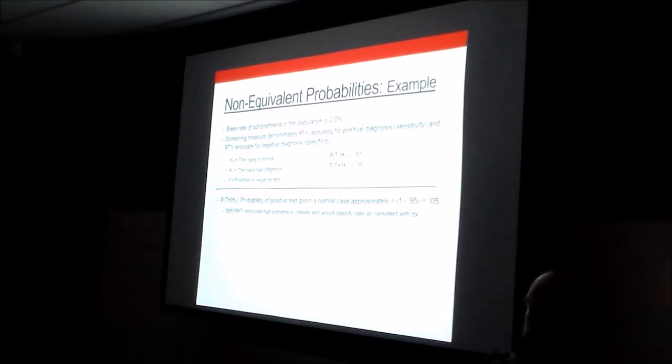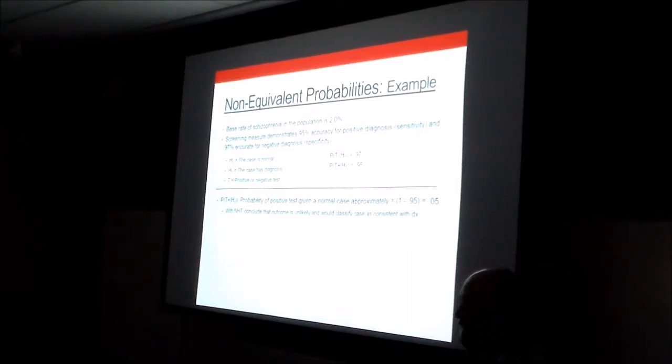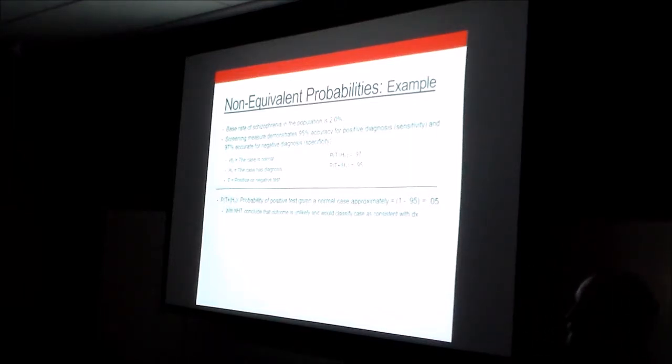We can get this by taking 0.95, subtracting it from 1, right, and getting that. With our null hypothesis test, we would conclude that having a positive test in the absence of a diagnosis would be unlikely. And so if I give you, Katie, a test and it says you have schizophrenia, I'm going to say you have schizophrenia based on this, right?